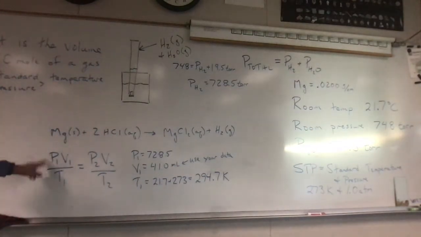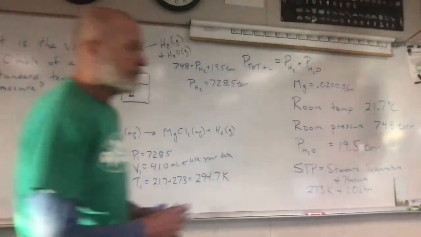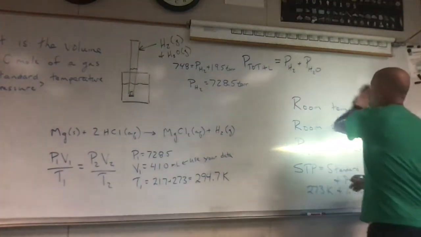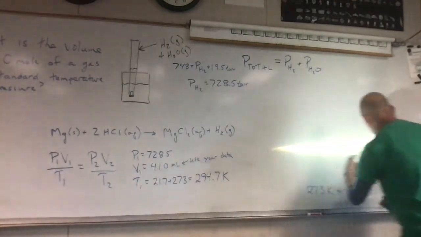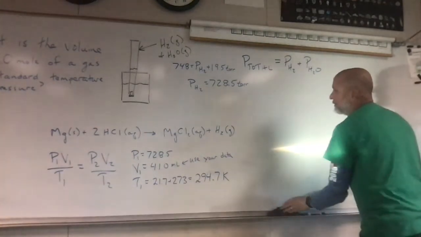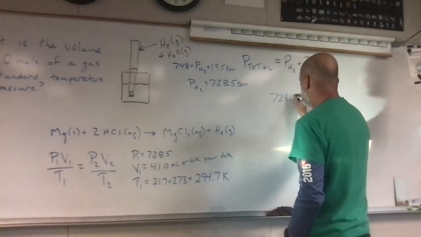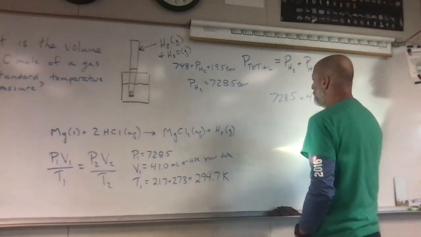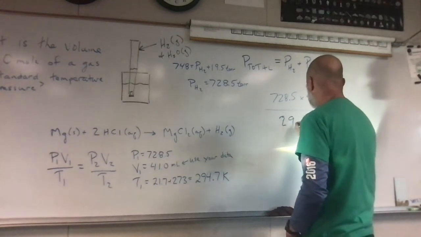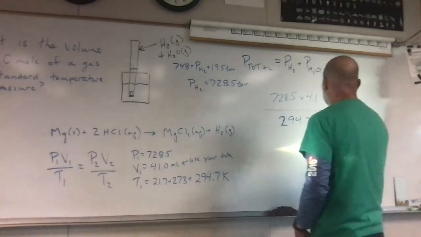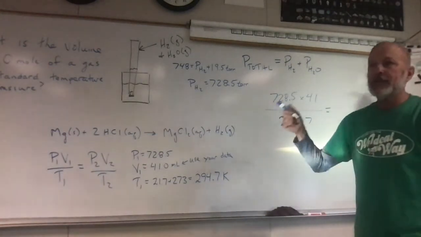So what I did is I plugged those in. Now let's put that up here. So I'm going to erase my numbers over here. So I have 728.5 times 41 over 294.7. And then, what's my P2? P2 would be standard pressure.